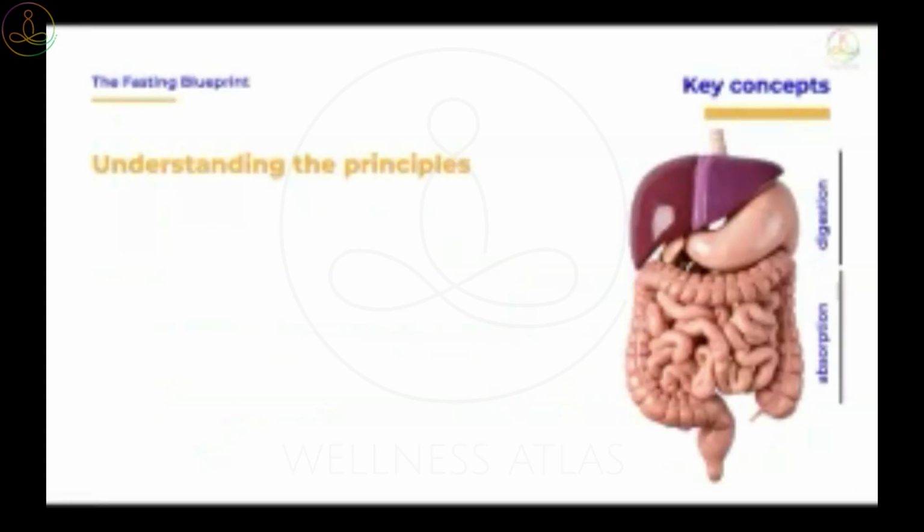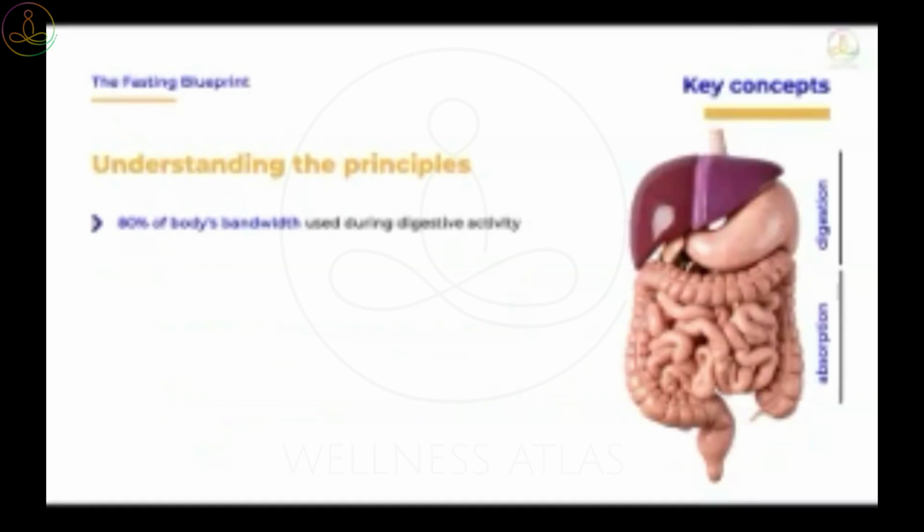Okay, so first let's understand a few concepts, right? Before we go into fasting, let's understand certain principles and concepts. The first thing is, when we eat, you can see on the right-hand side, this is the alimentary canal. It basically starts from the mouth, which is not there in the picture, till the anal outlet.